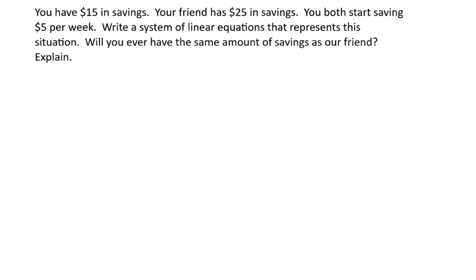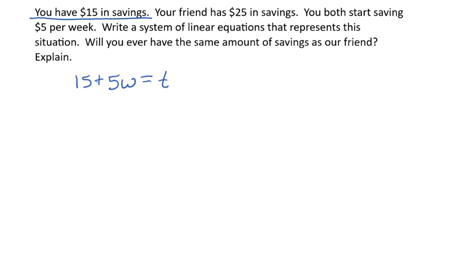And then explain. So let's look at the pieces that we have. So we have that you have $15 in savings and you're saving $5 a week. So we're able to put down that we start with $15 and then we're going to add to that $5 for every week.